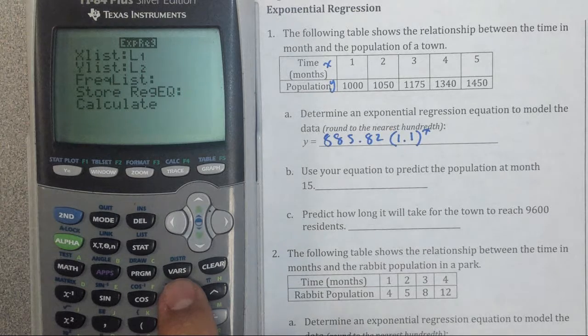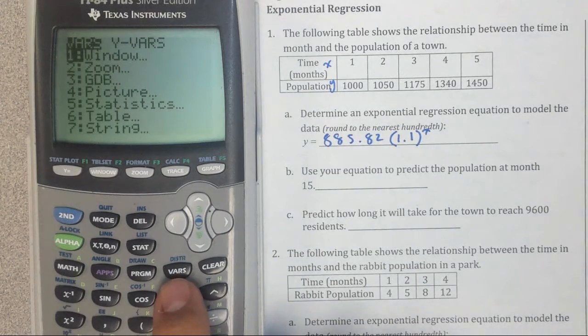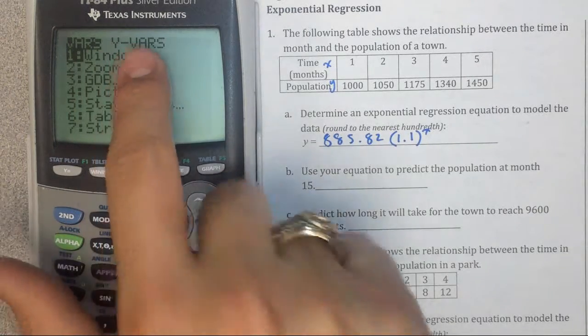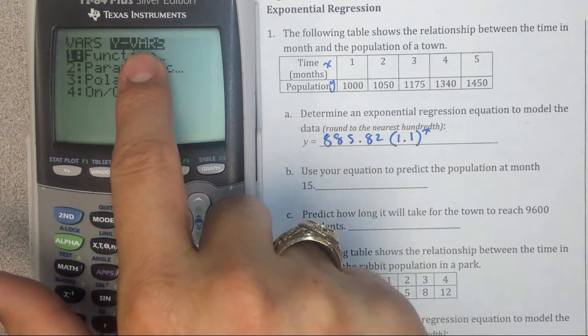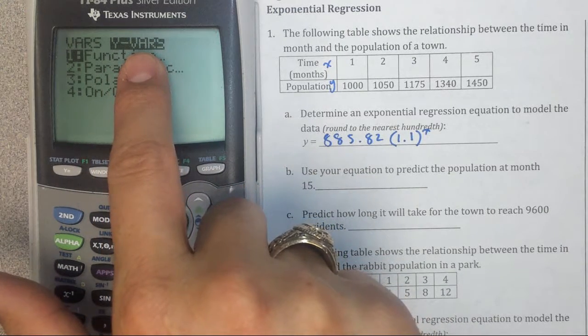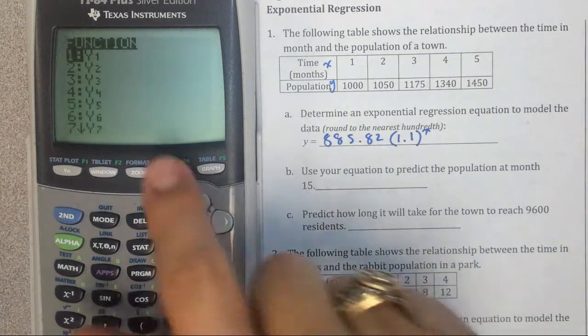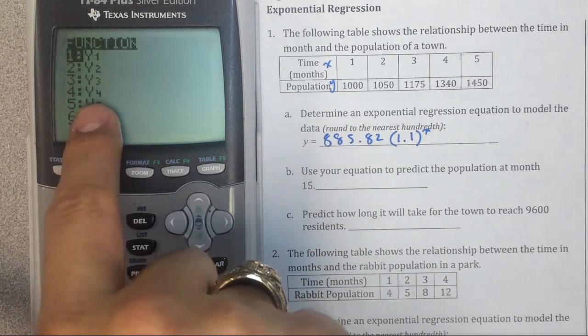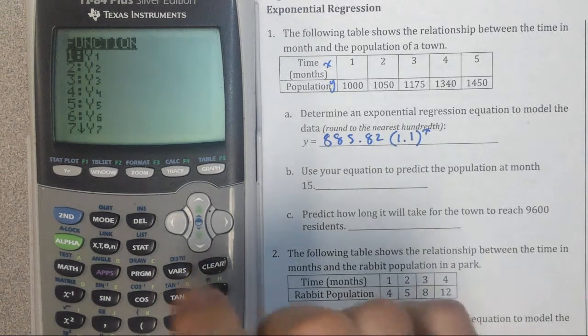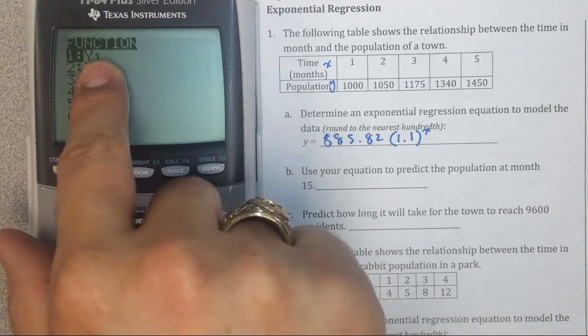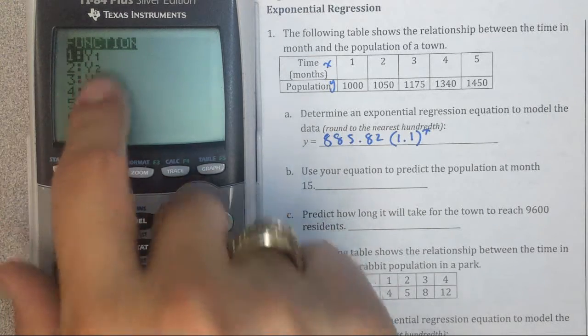So let's go ahead, press the vars key. We want to go over to where it says y vars. We want a function, and you'll notice we have y1, y2, y3. What this is doing is it's saying we're going to put whatever function it makes into y1 automatically for us.